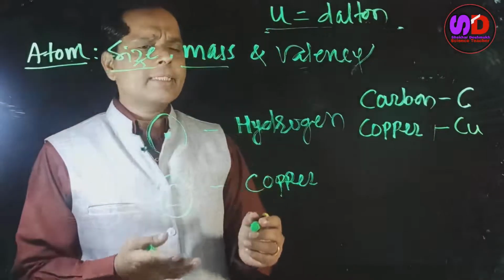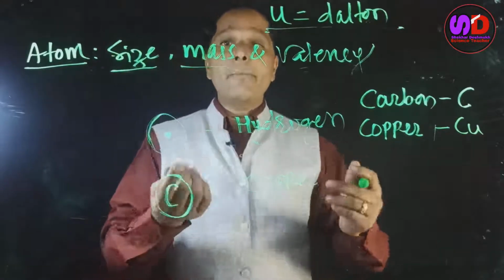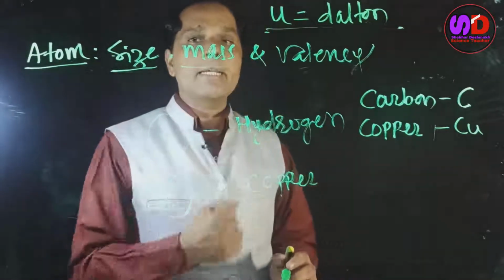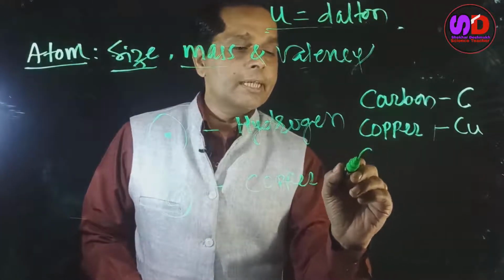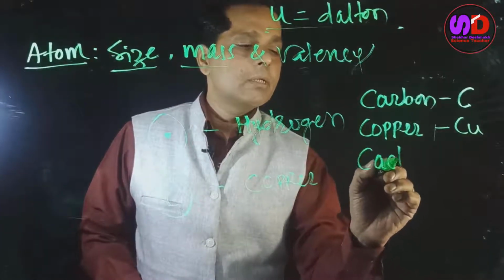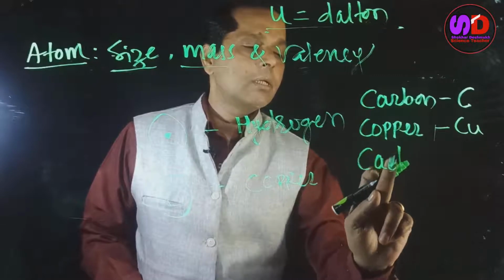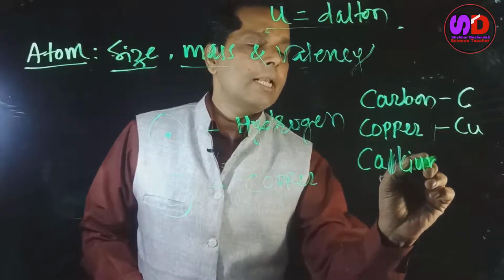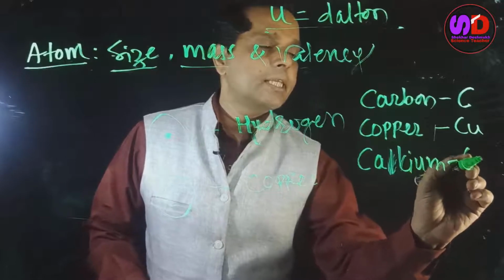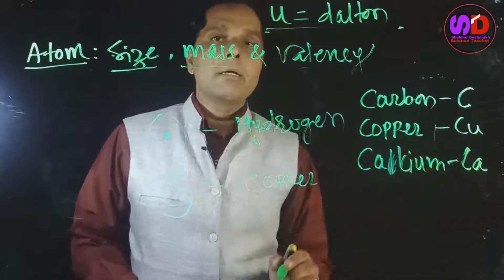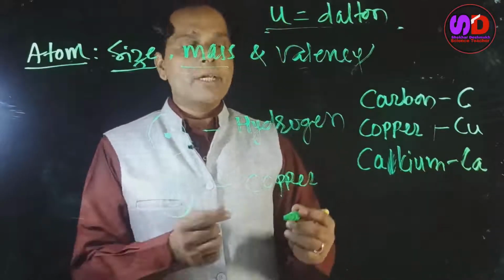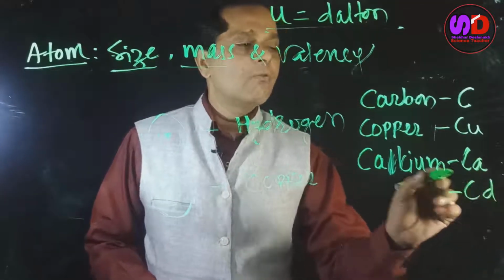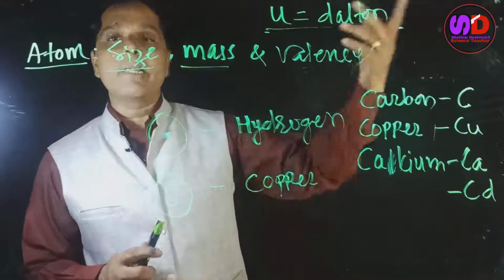Then let us take an example like cadmium. For cadmium, we cannot take the first and second letters, because in case of calcium, the first and second letters Ca are taken. So in case of cadmium we cannot take Ca again, therefore the symbol is Cd, first letter and prominent letter.